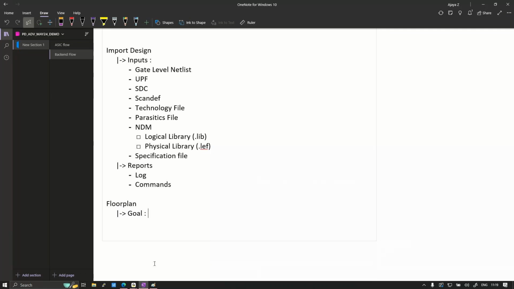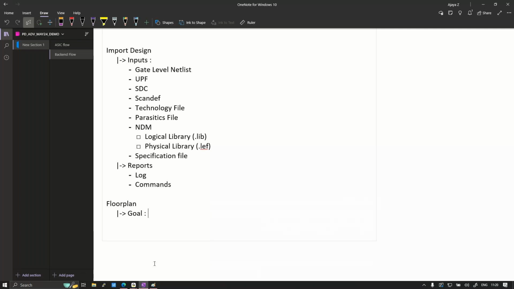Okay, what is the goal of floor plan? Creating the shape of your design and placing the components, bigger circuits, macros, correct. Okay, macros are IPs, placed such that your area is effectively utilized. Because I have some more small circuits available, so those also need to be placed. If the macros are not analyzed and are placed improperly, the area for standard cell placement will not be enough.